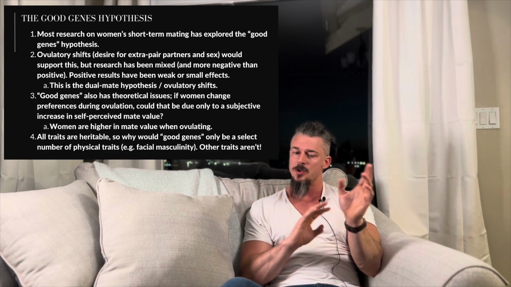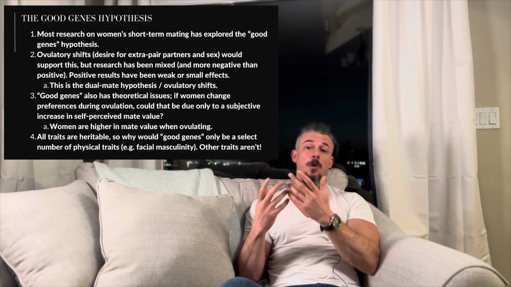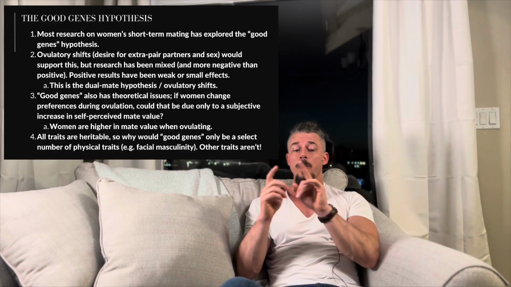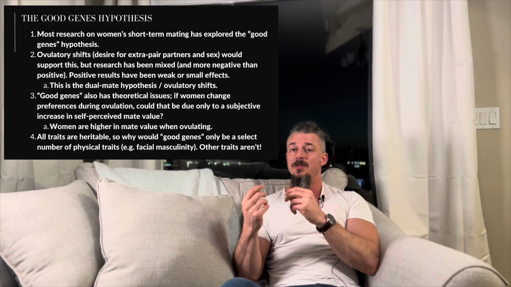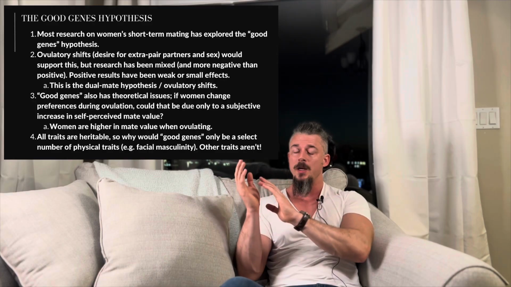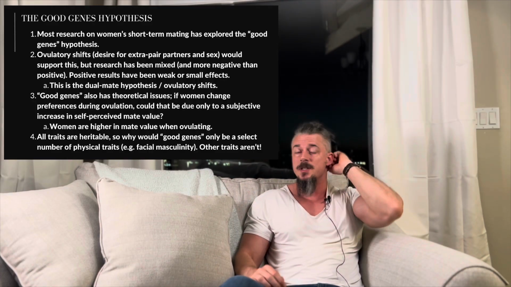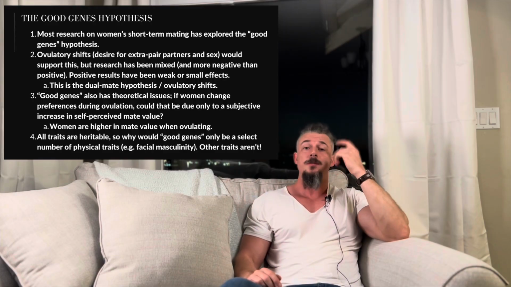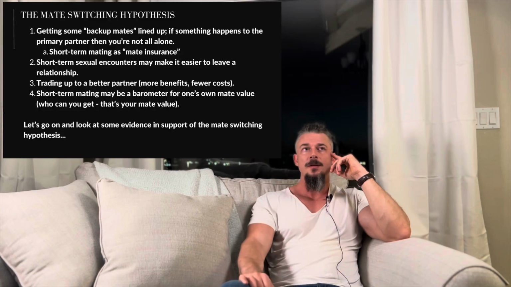I don't think the research is super conclusive on that, but some indicates that it is, and when women are ovulating, they're rated as more attractive and all of that. So we know that people change their preferences based on their own mate value. Given that, do we really know that there's a preference shift, or do women just recalibrate during that phase? Anyway, some theoretical issues there with the good genes hypothesis, and also some empirical issues, basically, that it doesn't seem to replicate very well. Let's go on. Next slide.